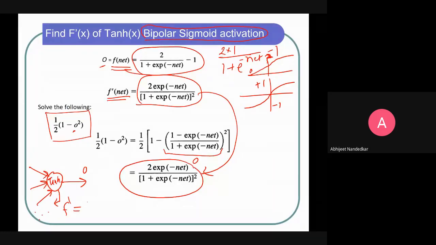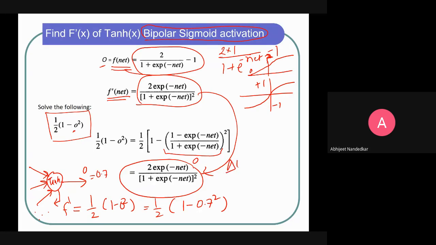F dash is equal to half into 1 minus O square. Suppose this is 0.7, then f dash is half into 1 minus 0.7 square. That's all. So beauty of these equations are, once you obtain its value, you easily obtain its derivative value.